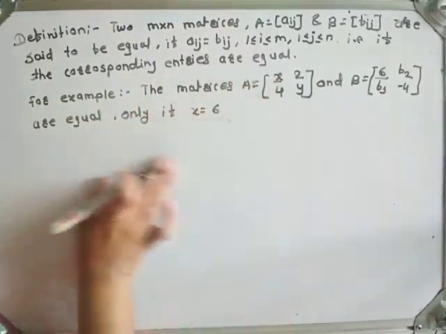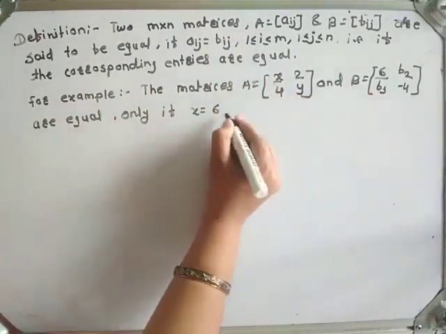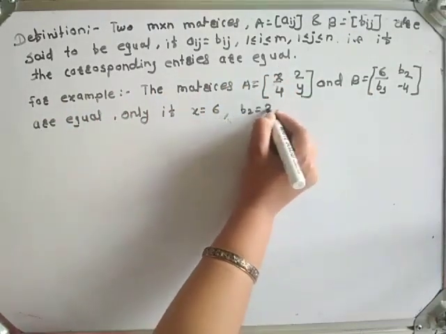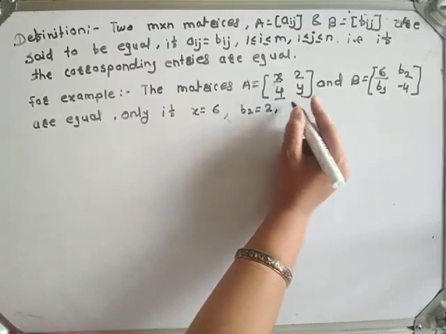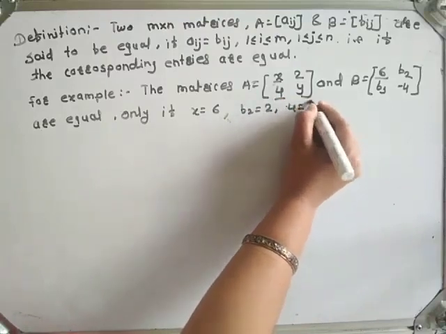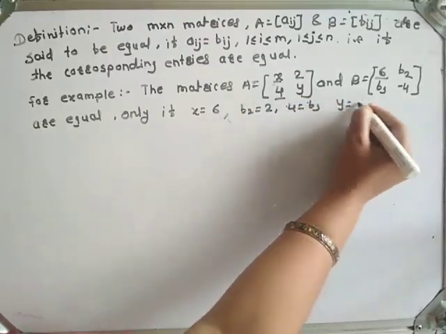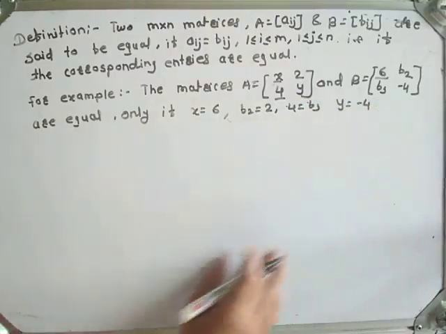Therefore, A and B are equal if X is equal to 6, B2 is equal to 2, 4 is equal to B3, and Y is equal to minus 4.